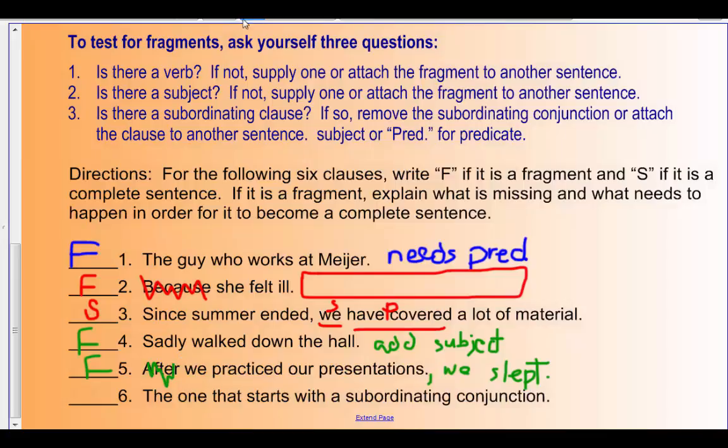"We practiced our presentations." Your choice which way you want to answer or correct these things, but they do need some kind of correcting. And last but not least, one that starts with a subordinating conjunction. That's a fragment. The one that starts with a subordinating conjunction is tricky. Somehow we need to add a predicate.